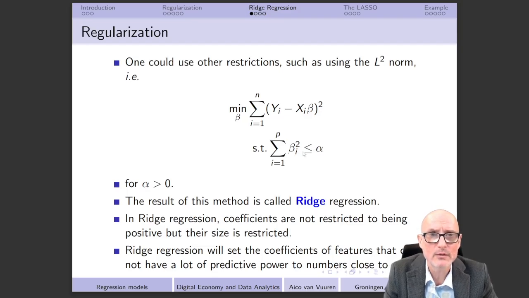In addition, at the moment that alpha is larger, that allows the betas to be larger as well.